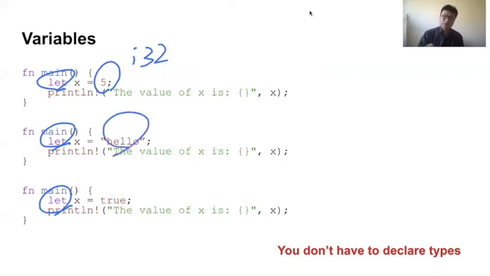This is a character array; actually it's a reference, a pointer, to the string. This is a Boolean. So it still has a type. Rust is still a typed programming language, but you don't have to define a type when you use a variable. This is a huge benefit. You can just define a variable with its value, and the compiler will find the type for you, giving the programmer an easy way to write the program.